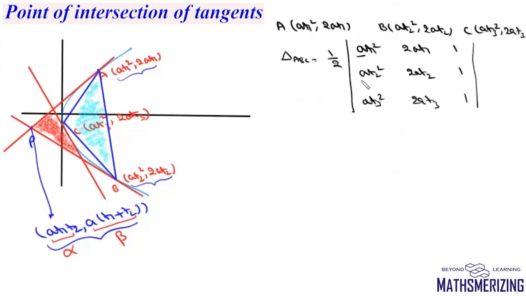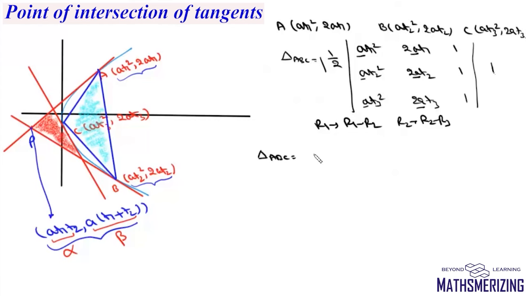Now from this first column we'll take a common, and from the second column we'll take 2a common, and then we'll use R1 as R1 minus R2 and R2 as R2 minus R3. So we'll write this area of triangle ABC as, and we'll need to take the modulus value, because area should be positive. So 2 and 2 will cancel.